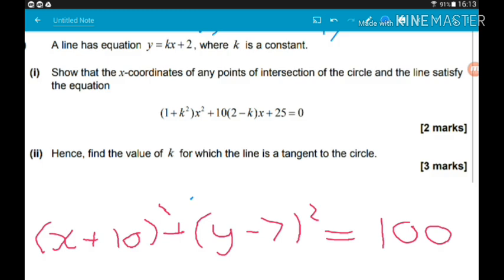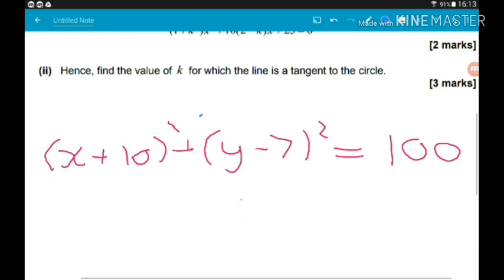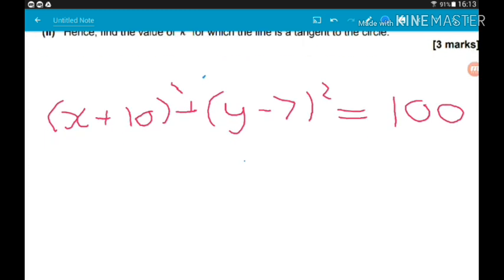So now we're playing simultaneous equations. So our 2 equations here are the circle equation in red and now this blue equation of the line.